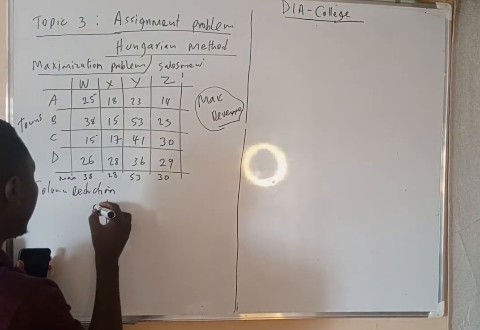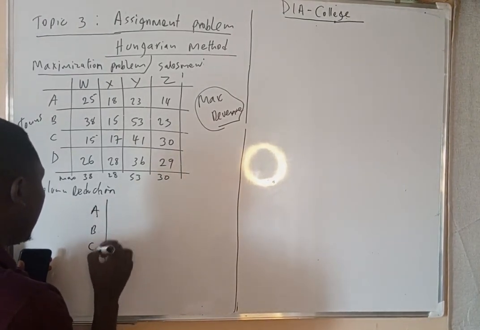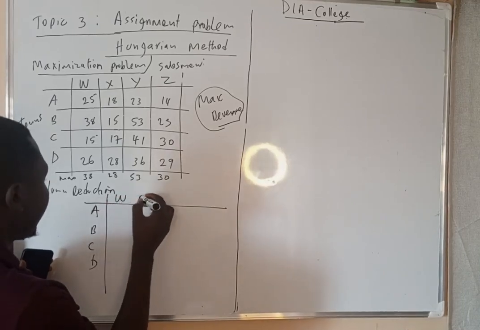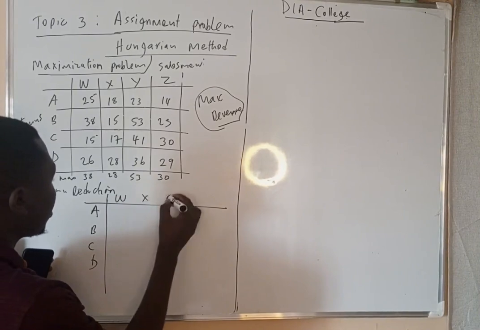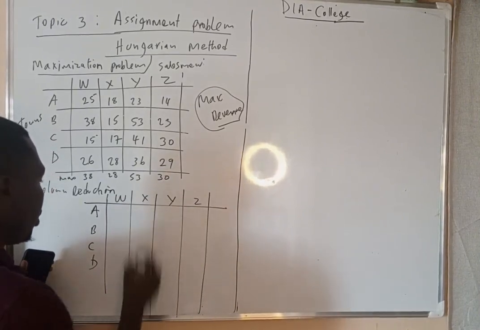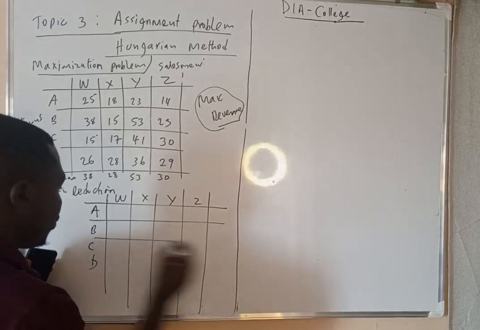I'll have my new matrix with towns A, B, C, D and salesmen W, X, Y, and Z. In this scenario, I'm going to see it from a different perspective.